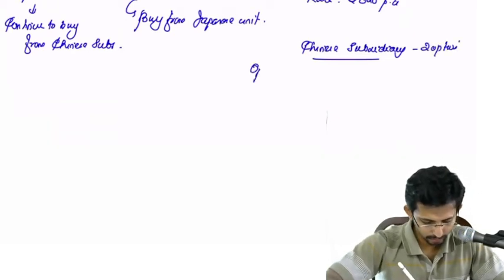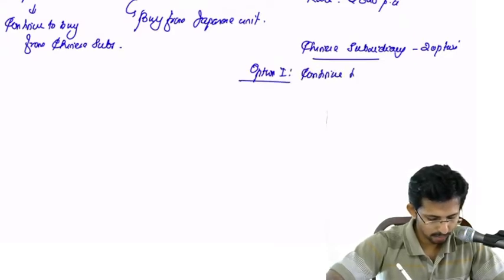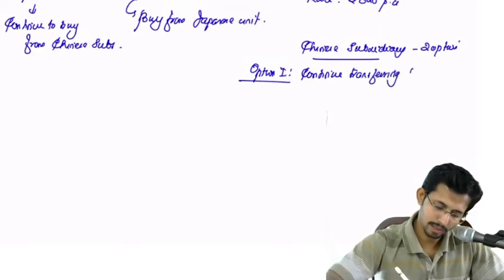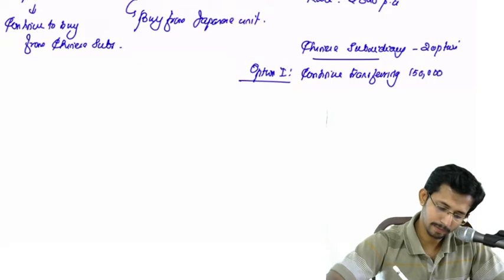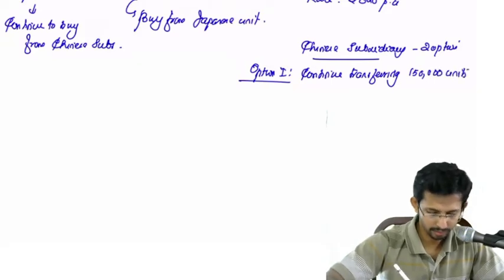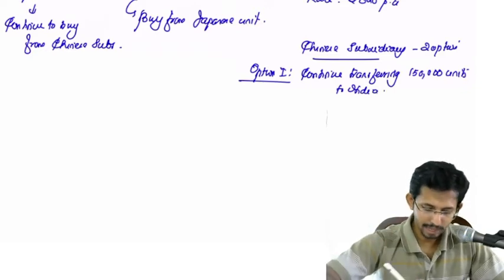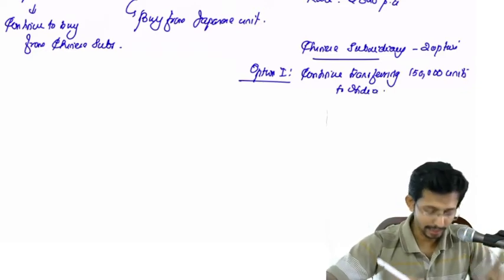Option 1, continue transferring 1,50,000 units to India. There is no other cost for the Chinese subsidiary.